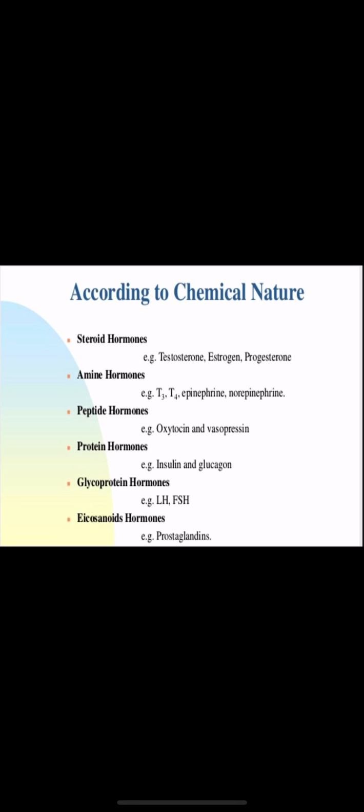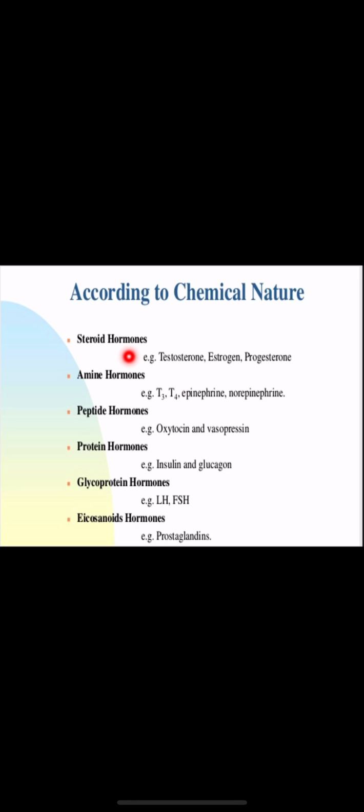Then there are different classifications of hormones. First of all, the classification is according to chemical nature, according to origin, according to the nature of actions, and according to mechanism of action. According to chemical nature, there could be steroid hormones, amino acid derivatives, peptide hormones, protein hormones, glycoprotein hormones, and lipid or eicosanoid hormones.